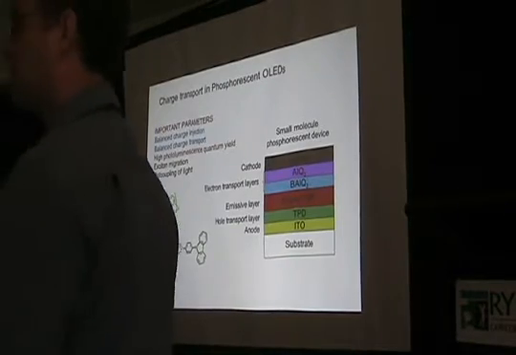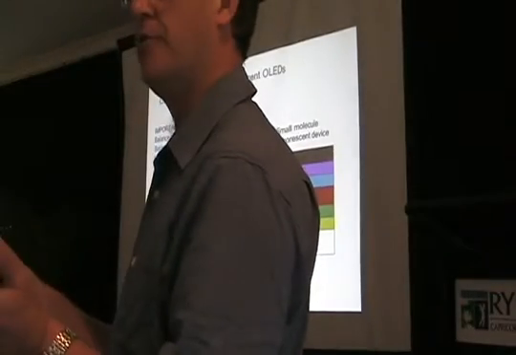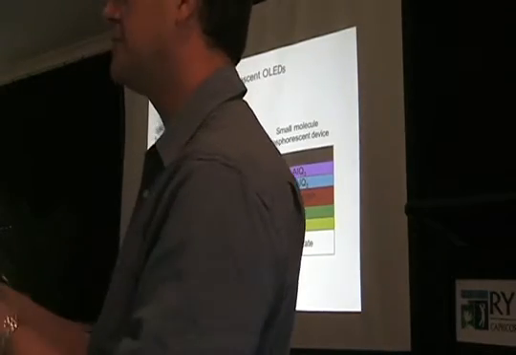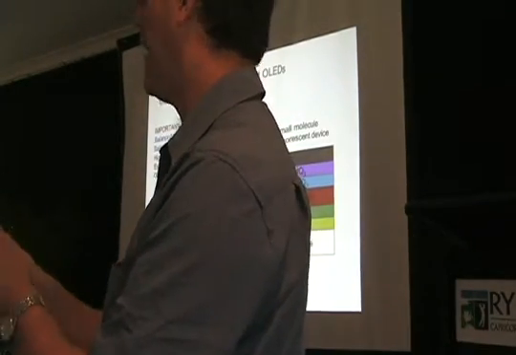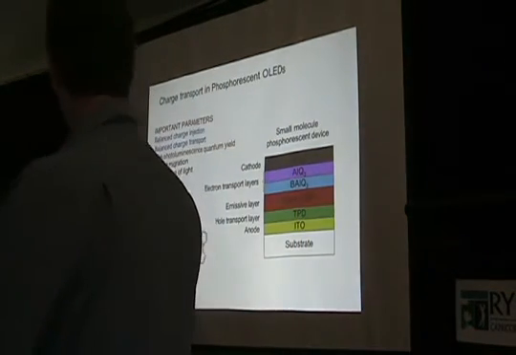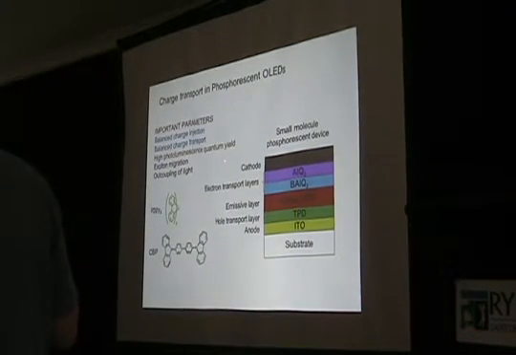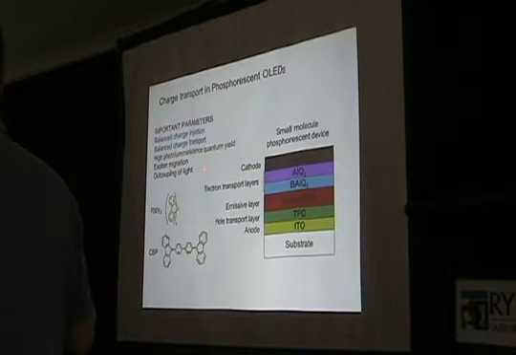For good charge transport for organic chromophores, or chromophores which are complexes, you need to have them very close together, and the closer together, the better the transport. In OLEDs, there's a problem with that because the things that often transport the charge are also the things that emit the light.